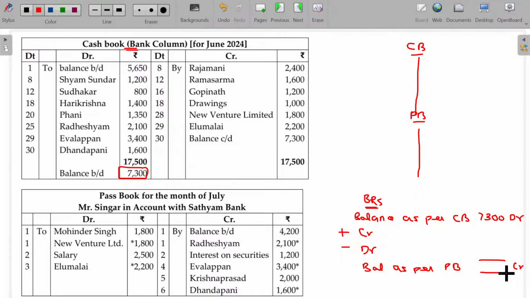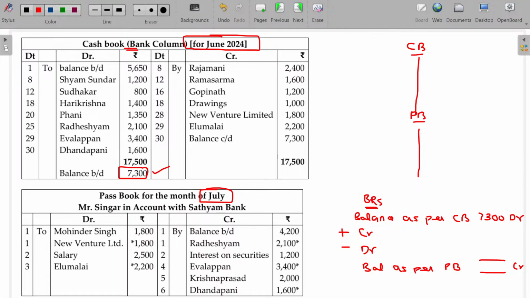Now, how do we solve this? How do you solve this? The cash book is for June 24. The passbook is for the month of July, the next month.